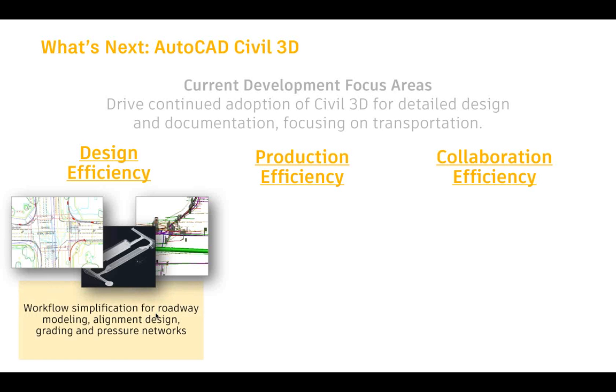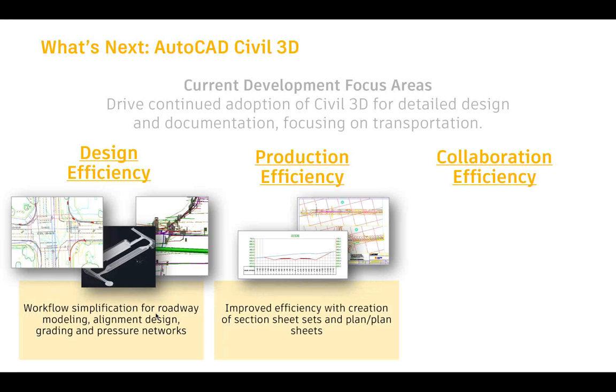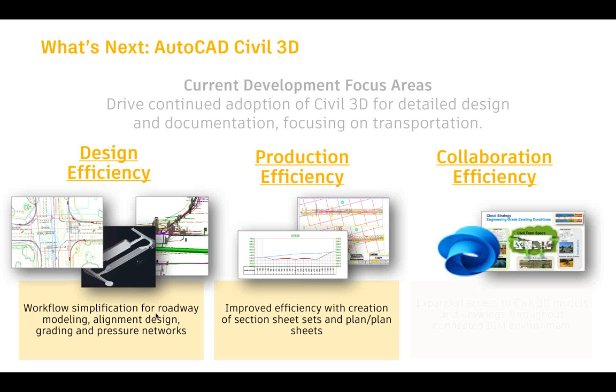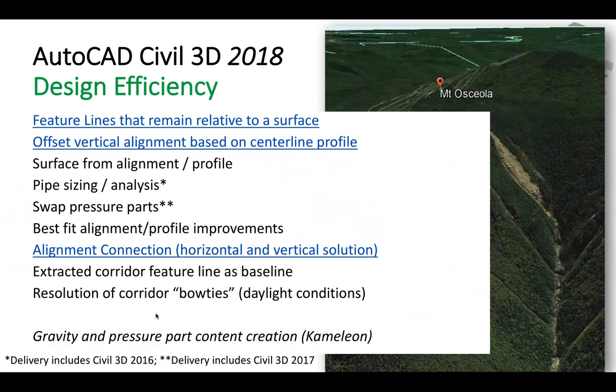It's about workflow simplification for the first one, improved efficiency of creation, section plan, etc. And finally, collaboration with some cloud strategies for Civil 3D. Those are the main points that I've been working on for Civil 3D on design efficiency. Well, I'm not going to read all those topics. It's easier for you to read instead. Those are the areas for design efficiency on Civil 3D.